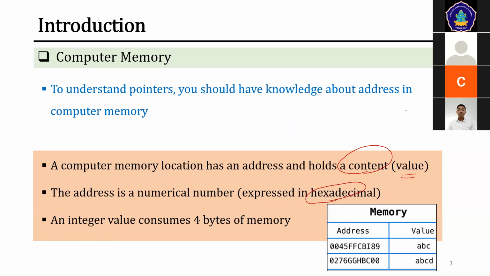Maybe everyone has learned about base systems. We have base 2, base 8, base 10. This one is base 16. And in the memory, as you can see in the representation here, we have the address, and we also have the value. And at this specific address, what value is stored? It is just how it is represented in the memory.